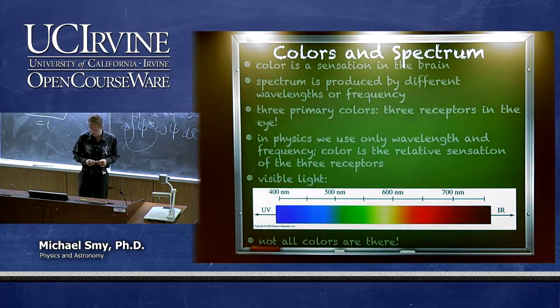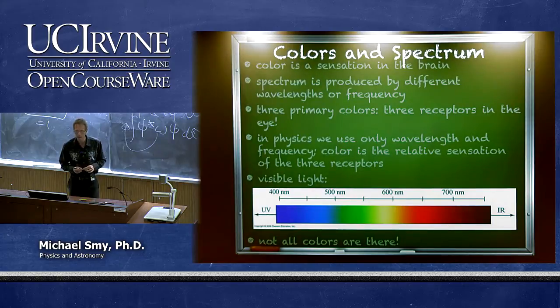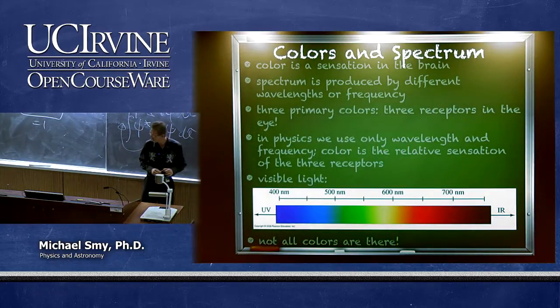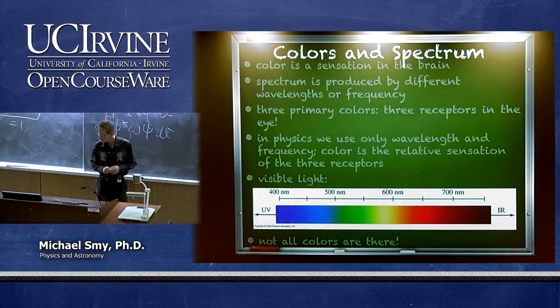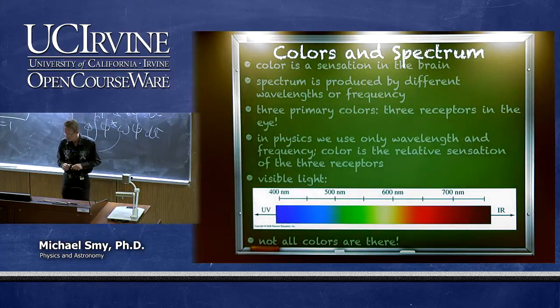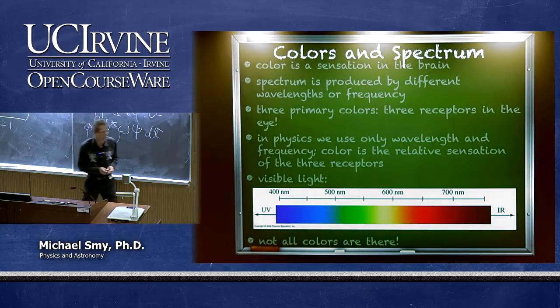For the eye, however, there are three color receptors in the eye. And therefore, there are three primary colors that human beings can see. What we call color is the relative sensation of those three receptors. And in physics, we don't have three principal colors. We just have wavelength and frequency.